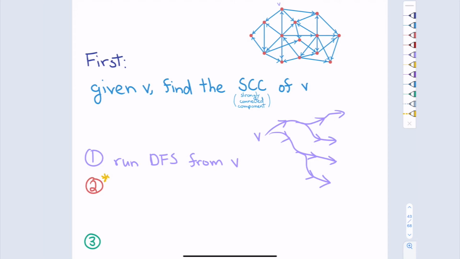How can I figure out all the vertices that can reach V?